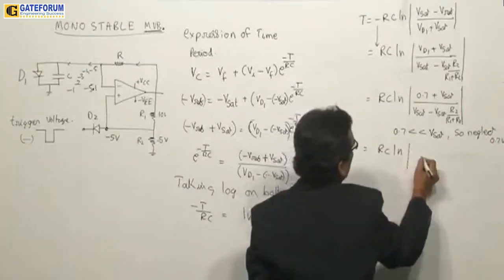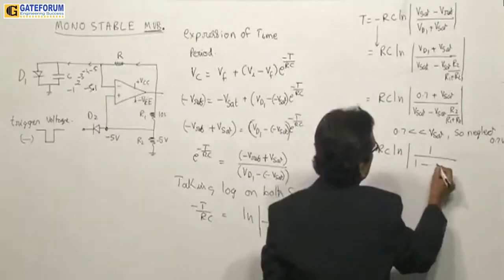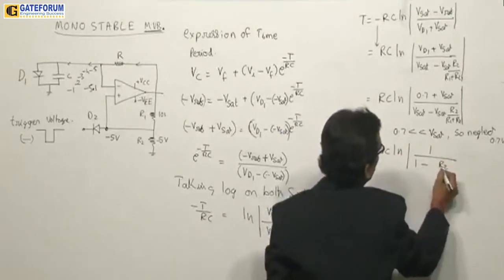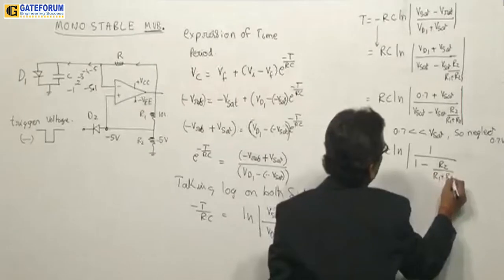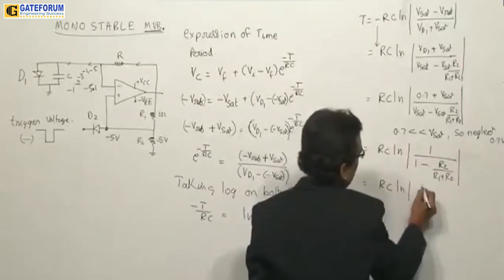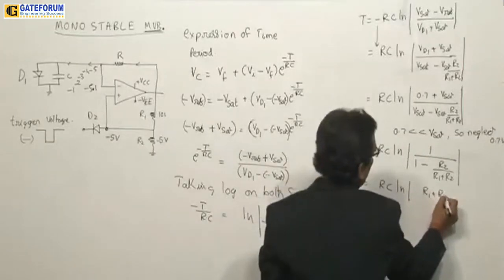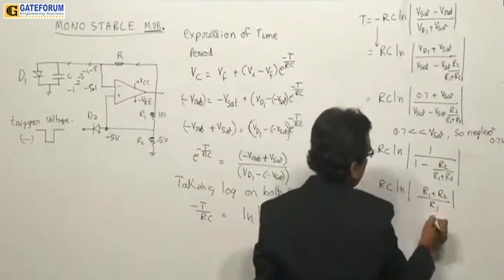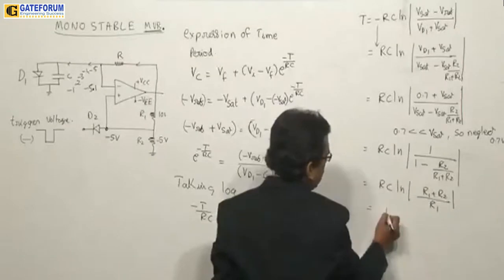Then you are going to get RC into Ln of 1 by 1 minus, cancel all Vsat, R2 divided by R1 plus R2. So here I am going to get this as RC Ln of R1 plus R2 whole divided by R1.